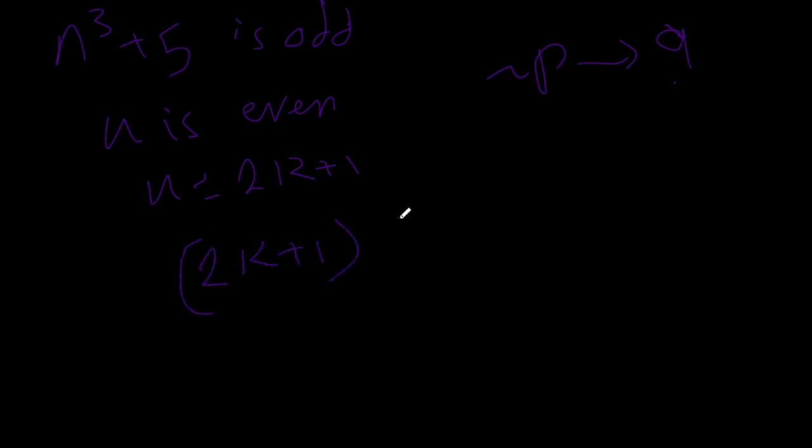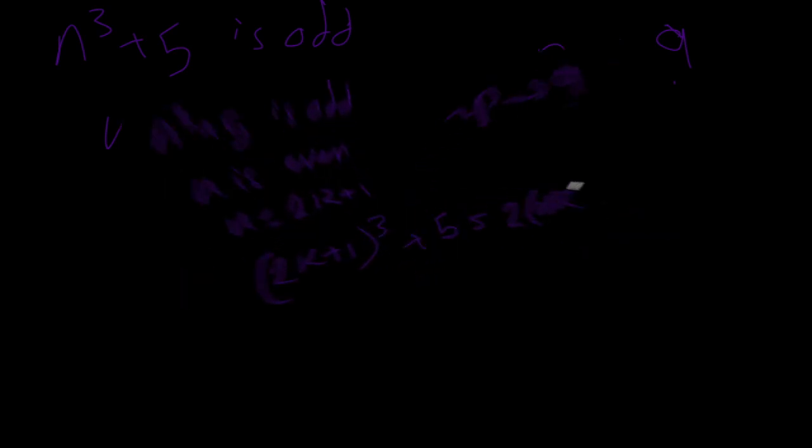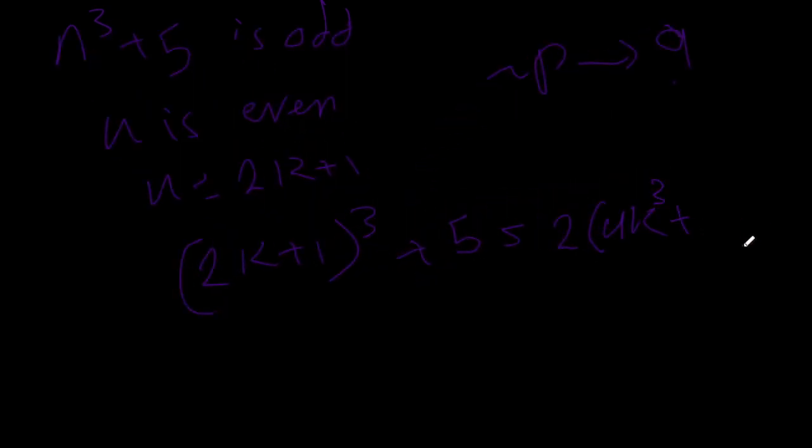So this is going to be 2k plus 1 to the power 3 plus 5, and this is basically equal to the same value in the previous slide, which equals 2 multiplied by 4k to the power 3, 6k to the power 2, plus 3k plus 3.